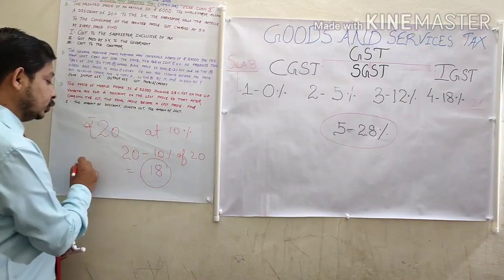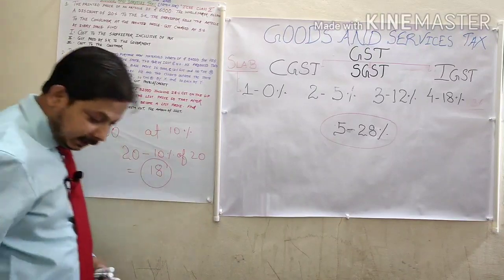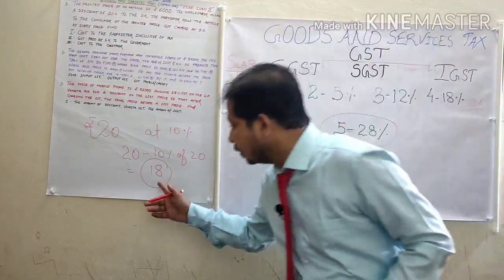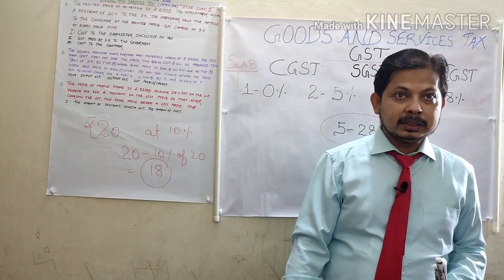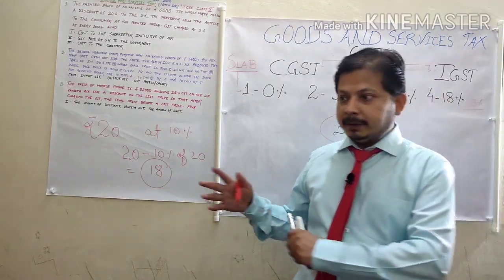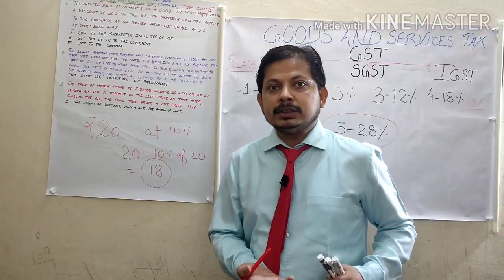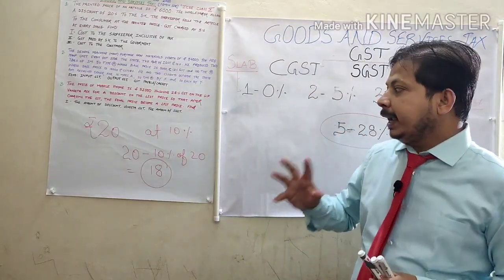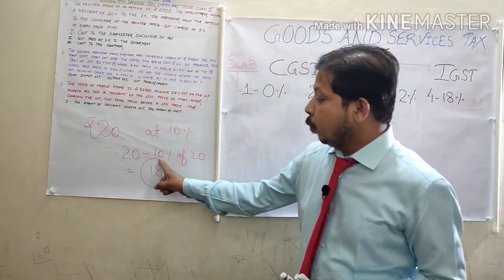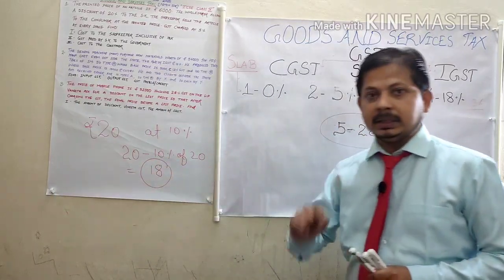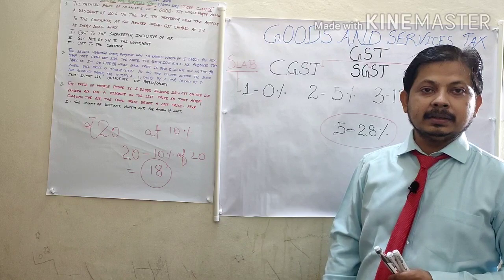Now for the shopkeeper this 18 is the selling price. For me as a customer this is my cost price. And if the government asks for some GST, on what amount will I pay the GST? I will pay GST on the payable amount the shopkeeper is asking me, that is rupees 18.